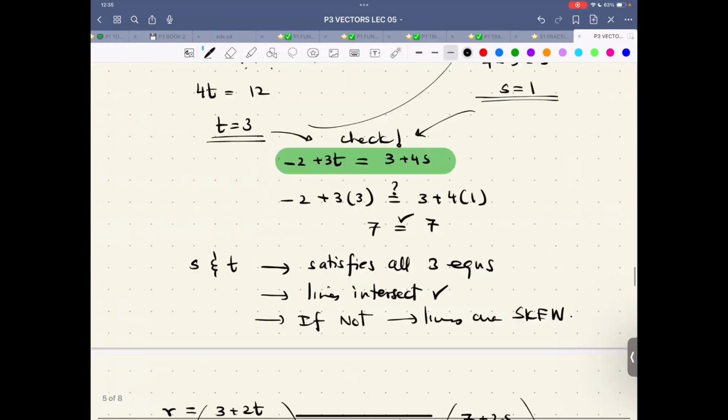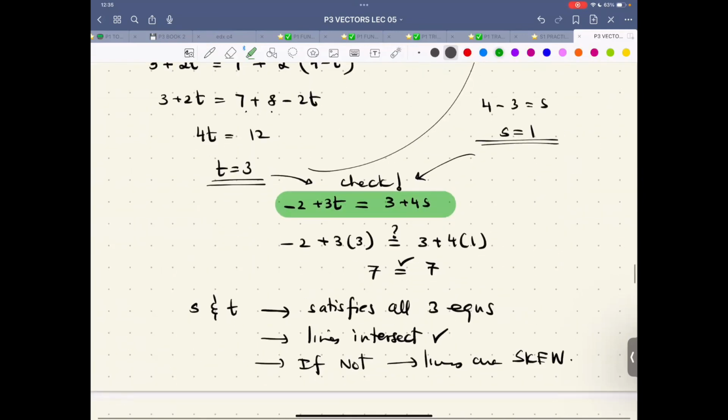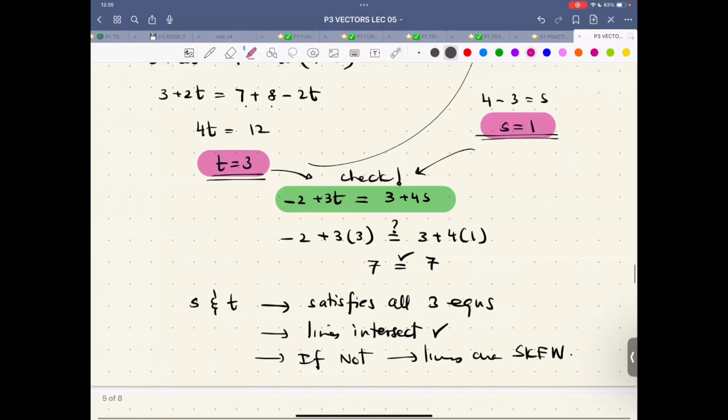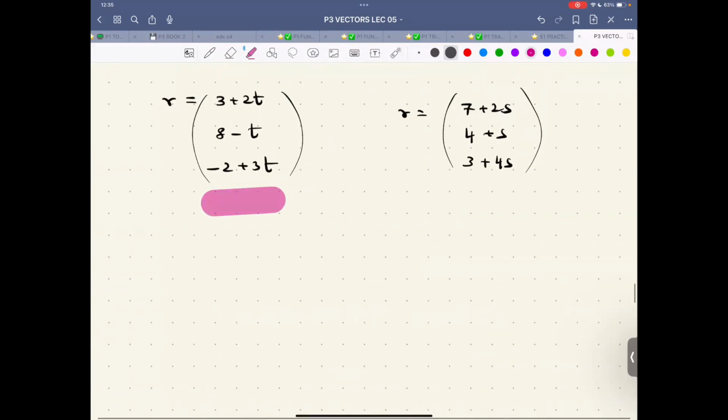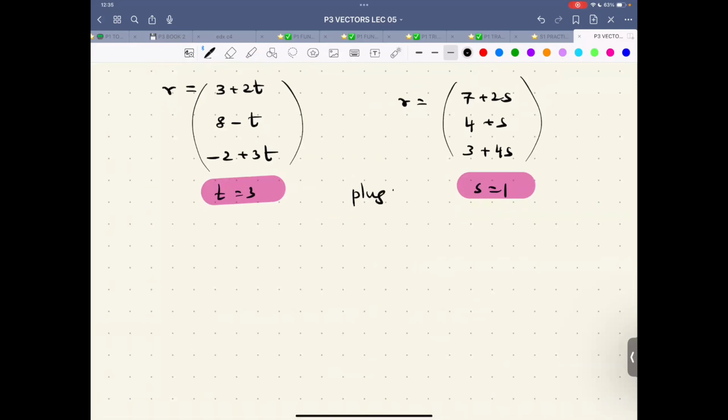So either you place t where it belongs or you place s where it belongs. So t and then s. So t is 3, s is 1, plug in to find the point of intersection.